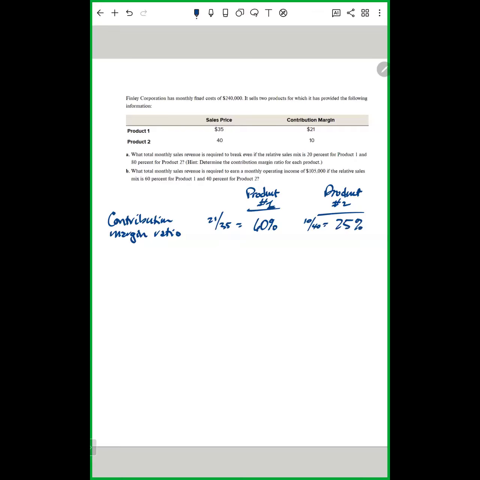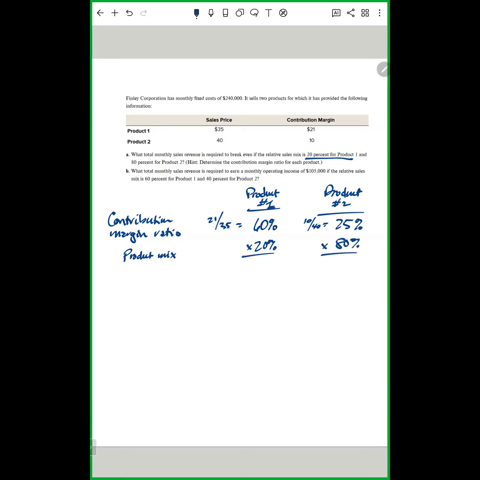Then the problem says that we have a mix, all right, so product mix of 20% of product one and 80% of product two.